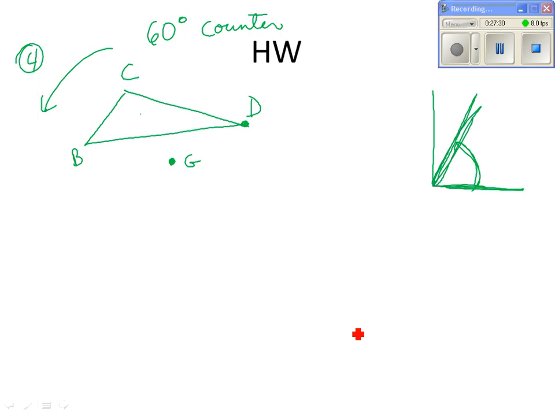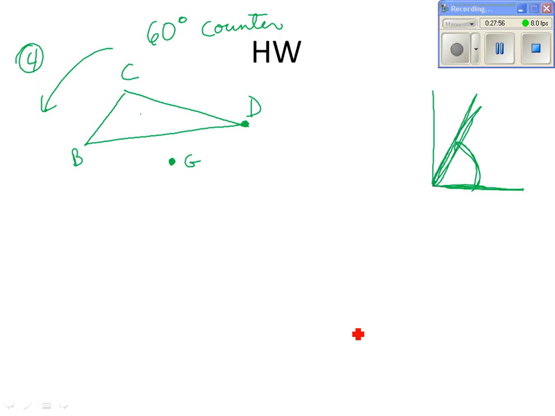We're going to do the same thing with D. Connect it to G. We're rotating it 60 degrees this way. Does that look about 60 degrees? Yeah. So it's going to go up here somewhere.